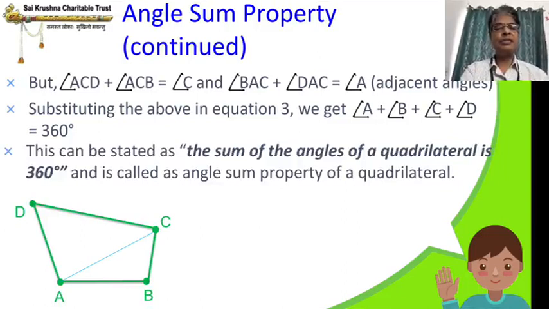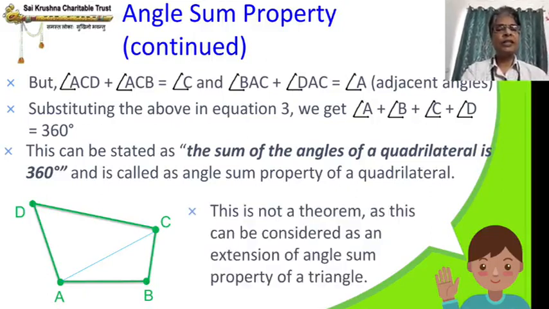This can be stated as: the sum of angles of a quadrilateral is 360 degrees, and it is called the angle sum property of a quadrilateral. This is just an extension of the triangle. In a triangle it is 180 degrees, in a quadrilateral it is 360 degrees. This is not a theorem, as it can be considered an extension of the angle sum property of a triangle. That is why it is neither an axiom nor a theorem. Hope you remember the angle sum property of a triangle is a theorem.